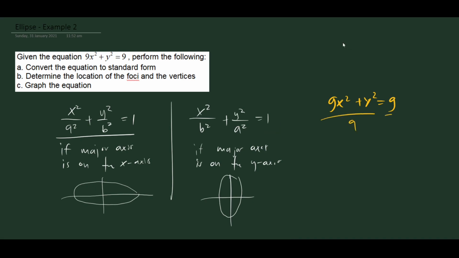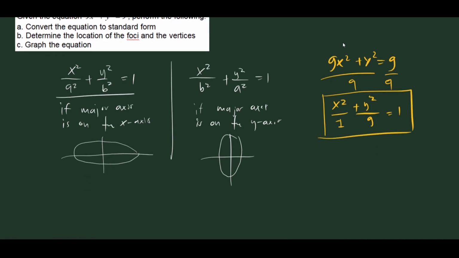So if we divide both sides by 9, we will get x squared plus y squared all over 9 is equal to 1. So as you can see, it is already in our standard form. Now, you might say that there is no denominator in the x squared, but as you know, there is always x squared over 1.